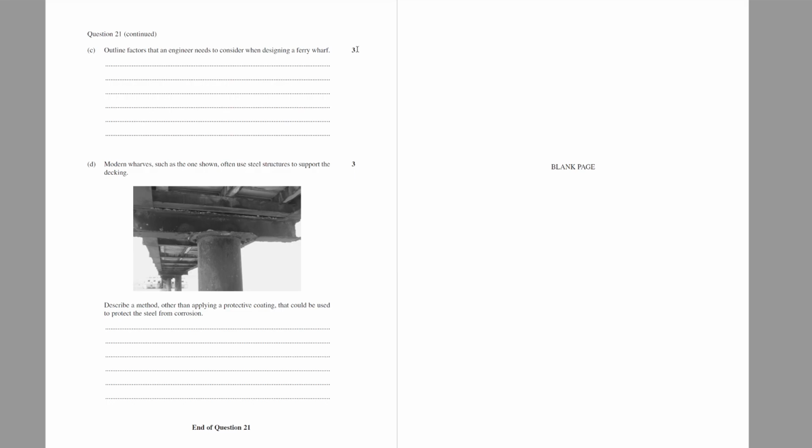Modern wharves, okay, it says we can't talk about protective coatings. Man, I love protective coatings. So things like galvanizing or painting, or even chrome or nickel plating. Now, stainless steel is not a protective coating. So you could describe stainless steel, and that's not an unreasonable thing to say.